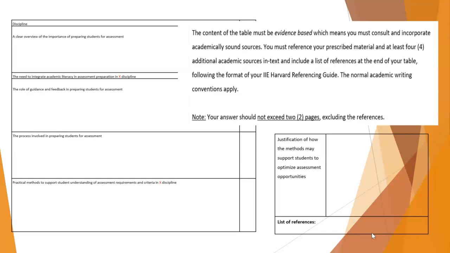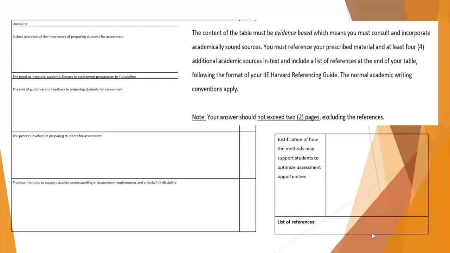You've already done all of that in ICE Task 1 and you did it really well. So you do not have to start by explaining what assessment is, the importance of assessment in higher education, none of that. Go straight for the jugular and speak about the importance of preparing students for assessment, okay? So make sure you are on point.